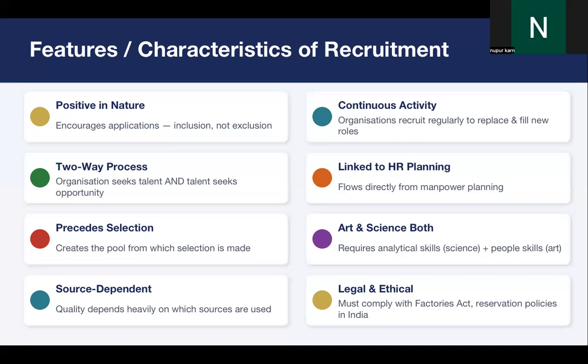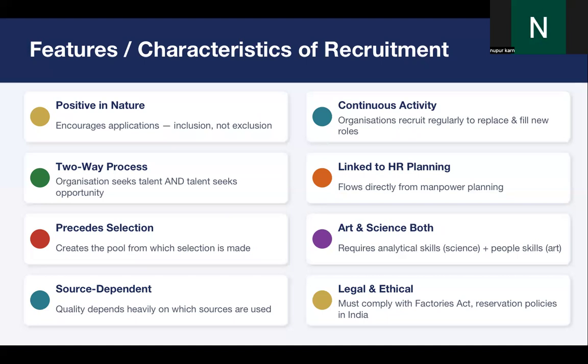Now, source dependent. What is source dependent? Source dependent means quality depends heavily on which sources are used. We all know that there are different sources from where we source candidates. It could be college placement, job portals, newspaper advertisements, and sometimes an internal source.